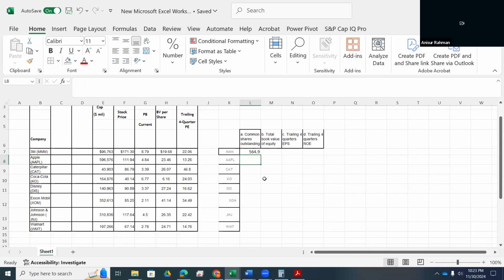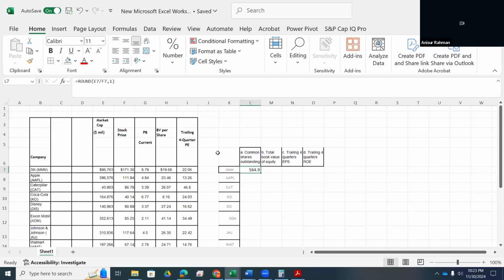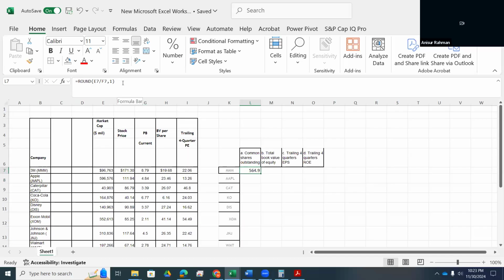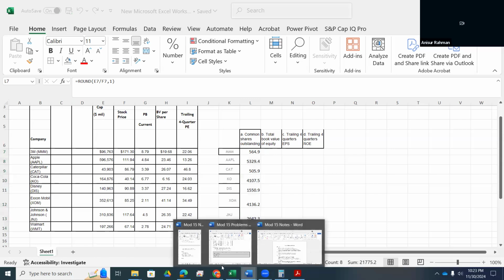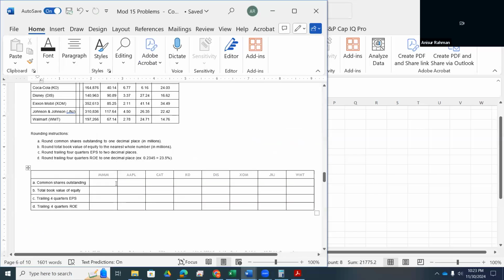Now, I can come back here and show you the formula again. Now, all we need to do is just pull down this formula, and it will calculate these common shares outstanding for each of these companies. And then all you have to do is just write this number here.